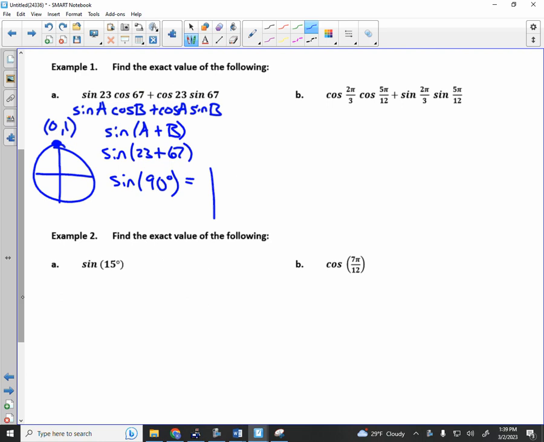That looks similar to what I just did, doesn't it? That looks like the cosine of A times the cosine of B plus the sine of A times the sine of B. It has that form to it, which is the same as the cosine of what?